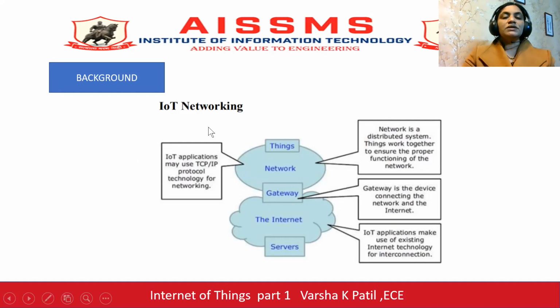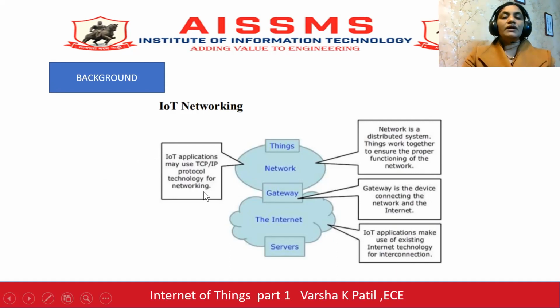So for this it is required that things are to be connected to network, and here heterogeneous technologies can come together, and it can be a distributed system. So things work together to form a network and ensure that proper functioning is done.